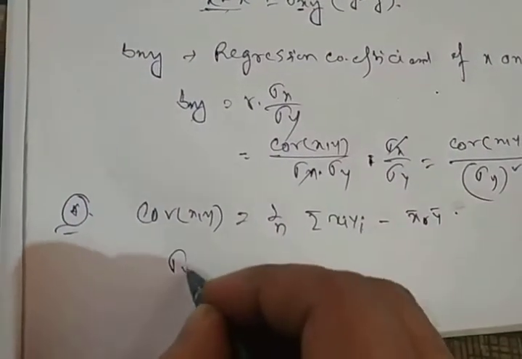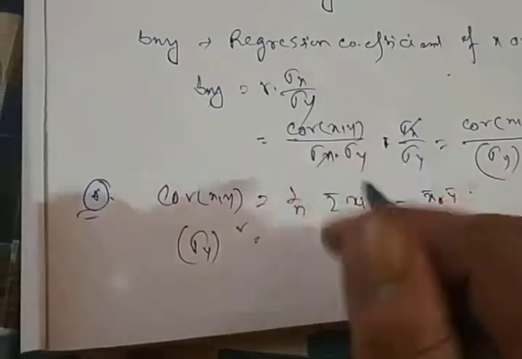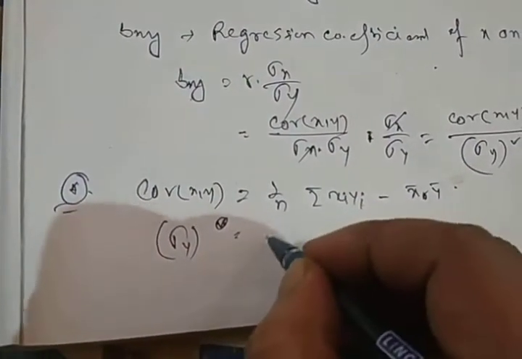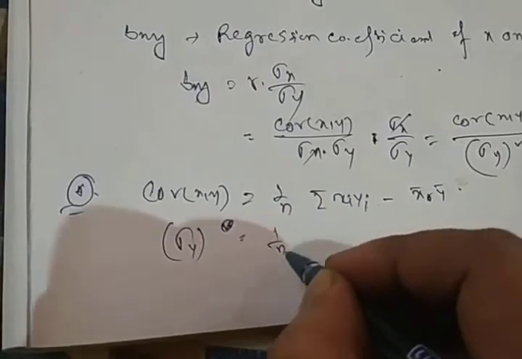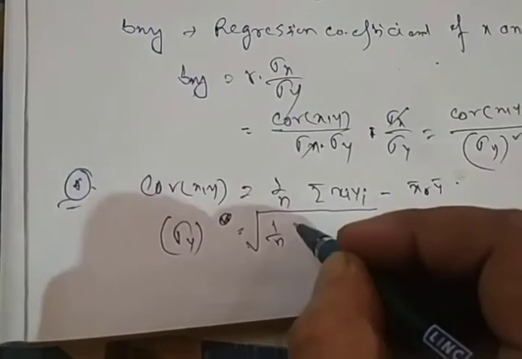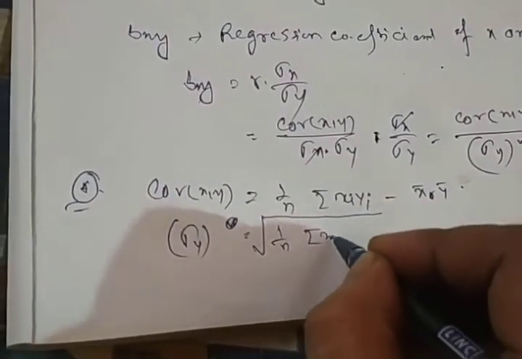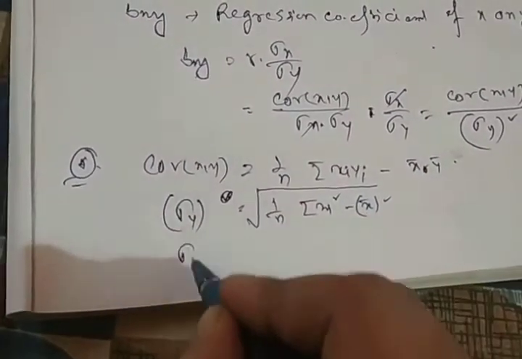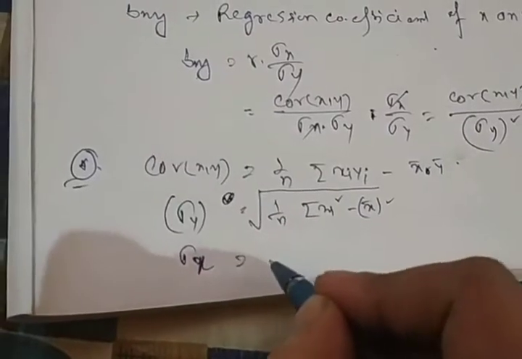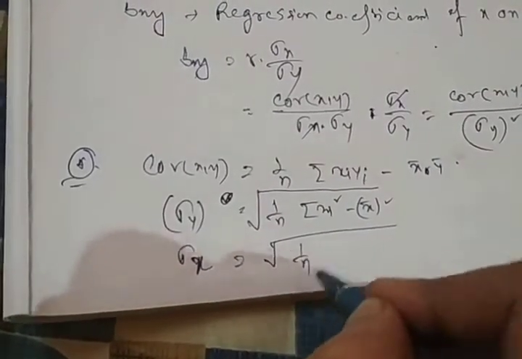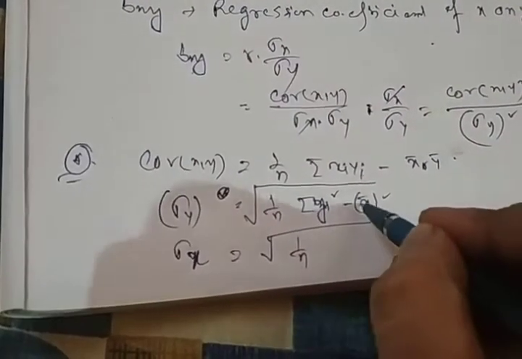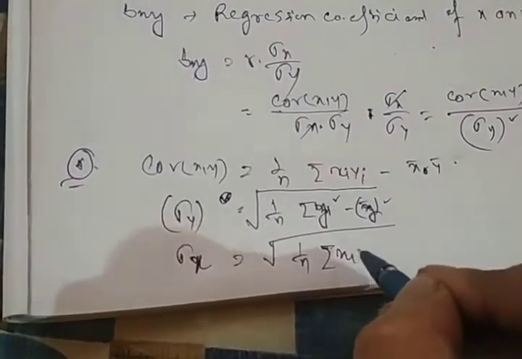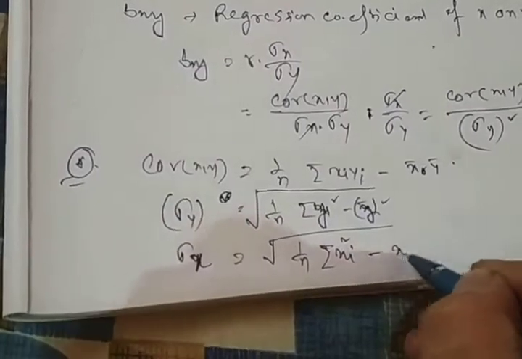And sigma y square means there will be no root, or sigma y equals to root under 1 by n summation yi square minus y bar square, and sigma x equals to root under 1 by n summation xi square minus x bar square.